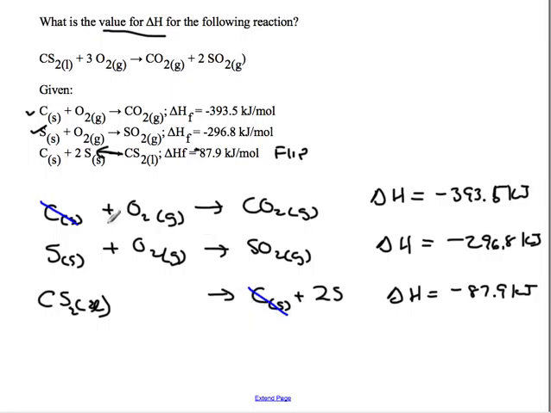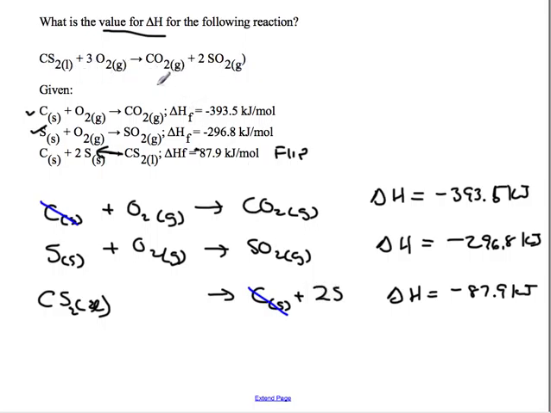Now the oxygen, notice there's 2 oxygen here, but no oxygen inside. Carbon dioxide is 1 here, but there's none on the other side. Sulfur, notice there's 1 here, but there's 2 here. So I need this sulfur to go away. But notice there's no sulfur up here.